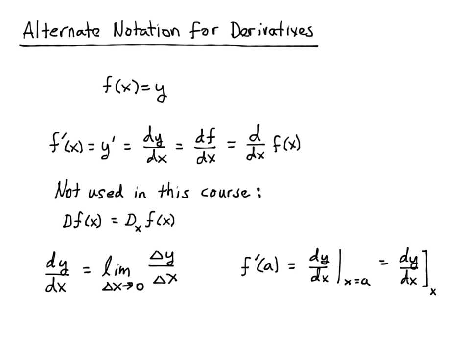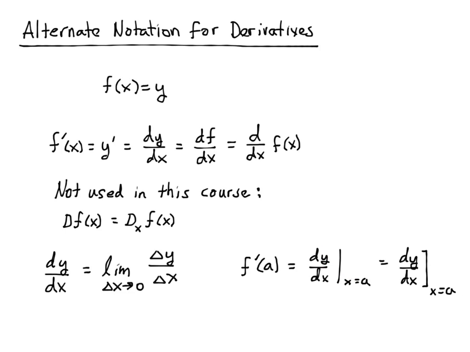And then a couple other ways to notate it: if we're going to evaluate the derivative at a particular value, we can still write it in other forms and either use a straight line or a bracket and write x equals a. What this means is the derivative of y with respect to x when x equals a.